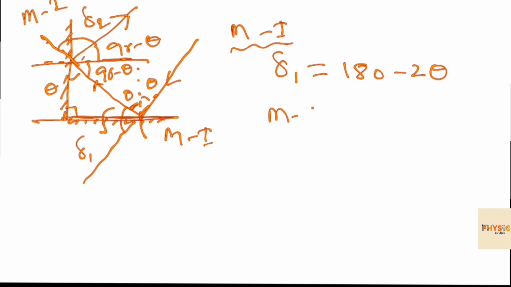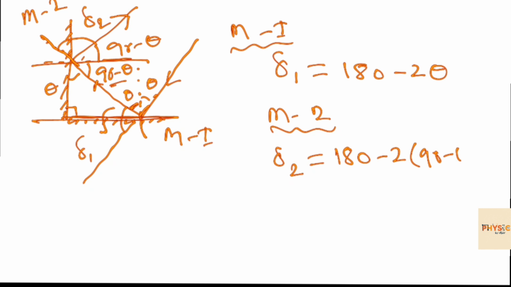For plane mirror 2, the angle of deviation is 180 minus 2 into the angle of incidence 90 minus theta, which equals 180 minus 180 plus 2 theta, so 2 theta is the angle of deviation through the second mirror.